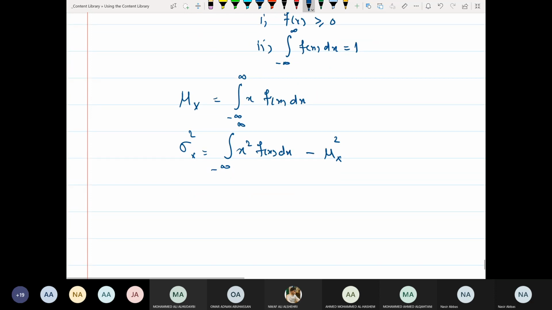We can also find the distribution function of x, capital F of x, using this small f of x. That is, you integrate from minus infinity to a specific point x, and you will get a function, and this function is basically the probability of x less than or equal to that value.